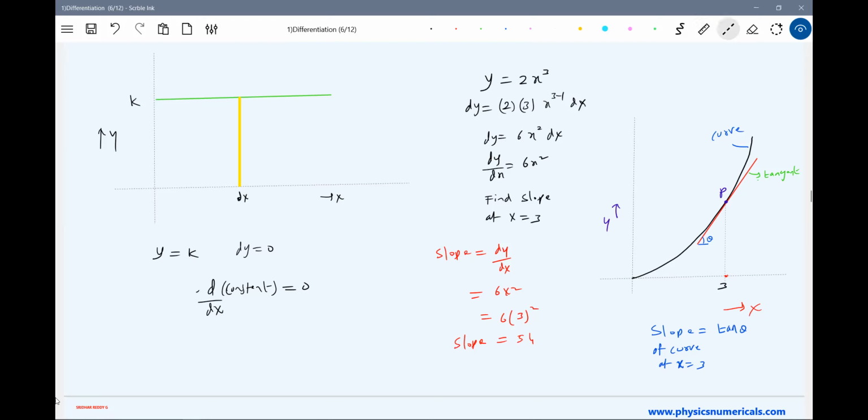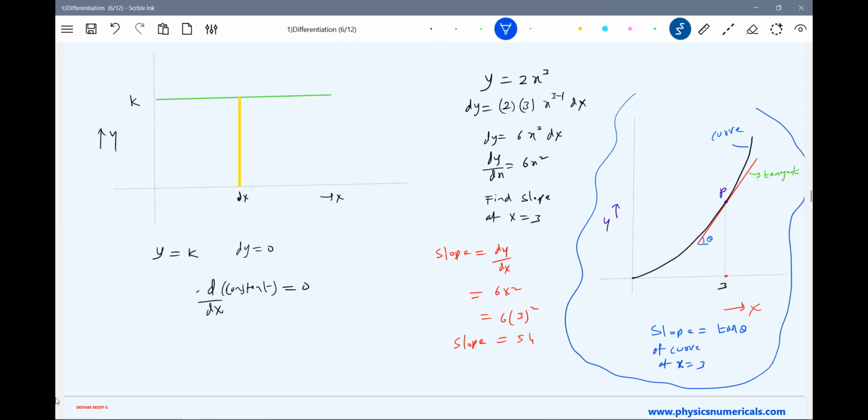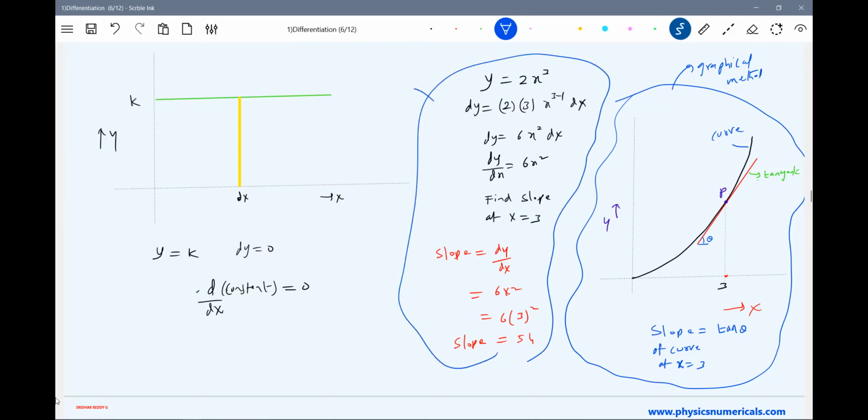So now, are you getting to know why we are bothered about this mathematical tool? It's very easy to calculate the slope, no? That's the graphical method, or using a geometrical instrument. And this is using a mathematical tool.